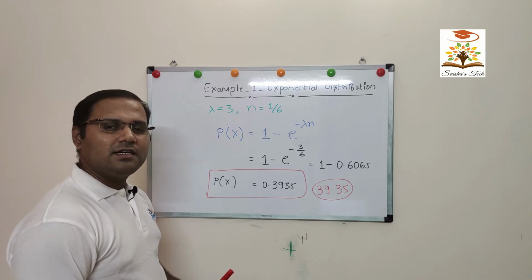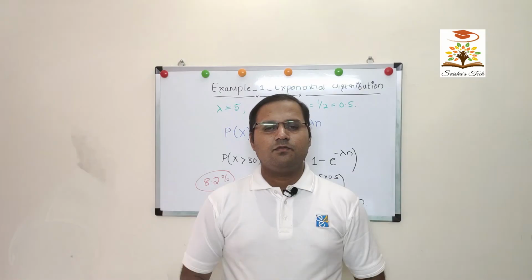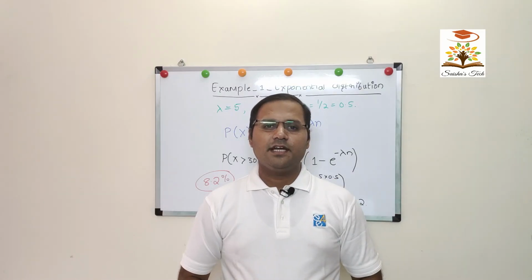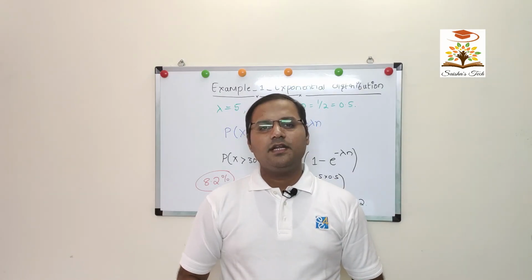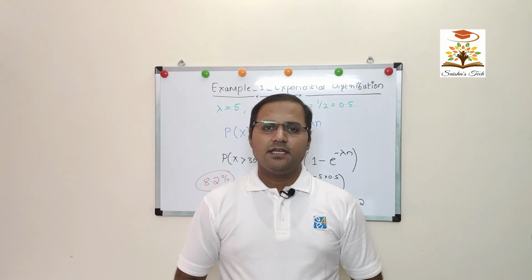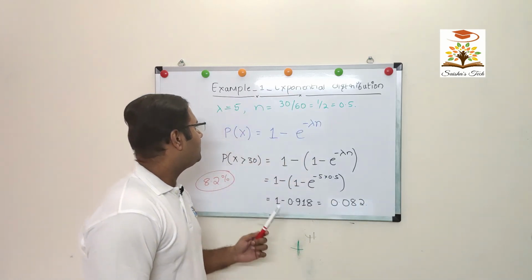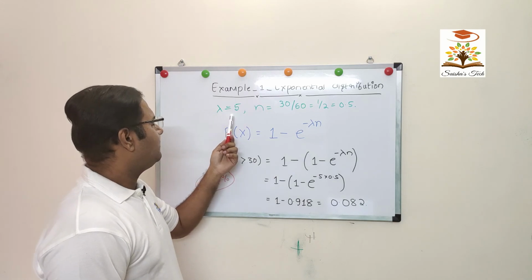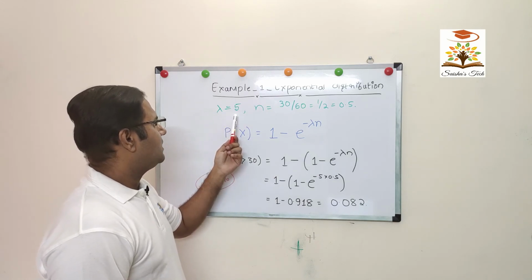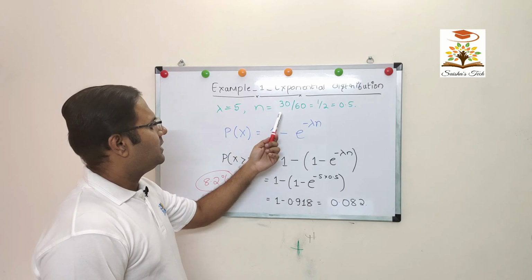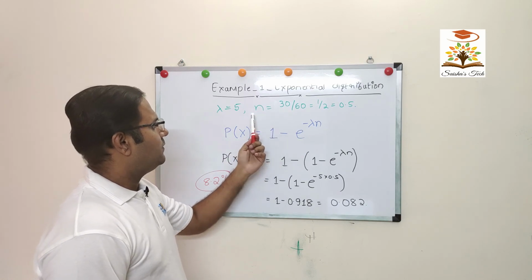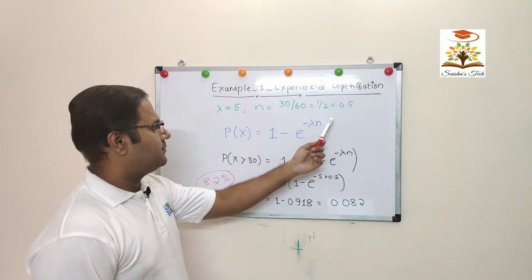Now let us understand the second example. We want to analyze calls received at a tech support center. On average, we receive 5 calls in an hour. Now we want to find the probability that the time elapsed between two calls is more than 30 minutes. To solve this problem, lambda is equal to 5 as we have 5 calls in an hour, and we want to analyze for 30 minutes. Therefore, n is equal to 0.5.